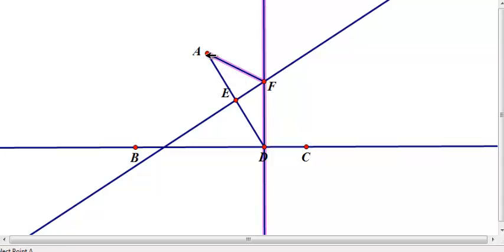Therefore, F is at the same distance from this straight line BC as it is from the focus A.